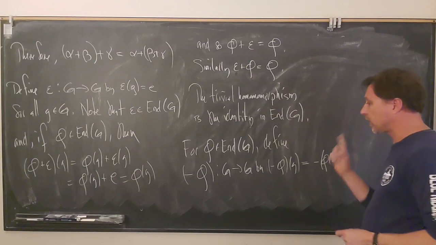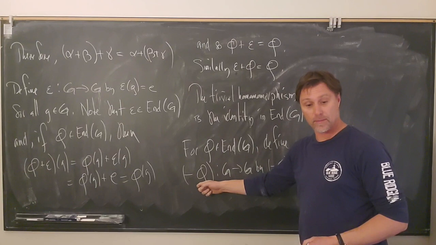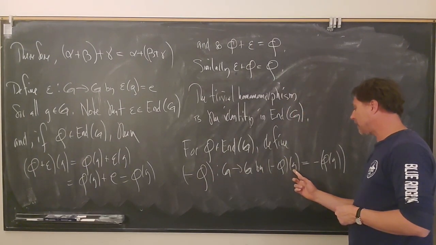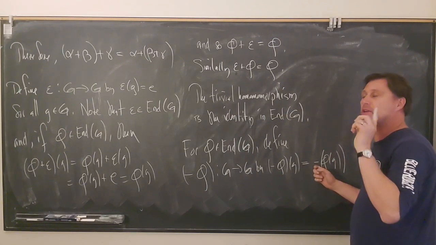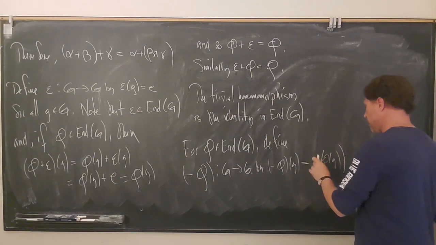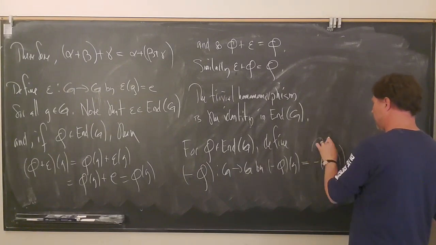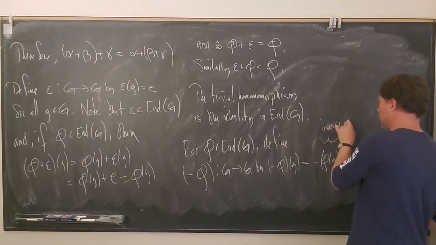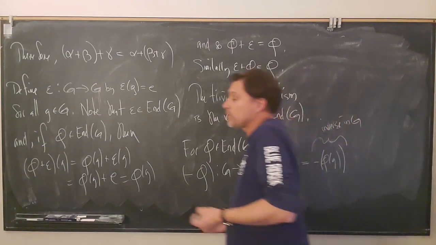So what are we doing? We're defining a new function and we're going to use the symbol negative phi. How does it work? It works by taking an element g and associating to it the inverse in G. So this phi of g is an element of capital G, which means it's got an inverse.